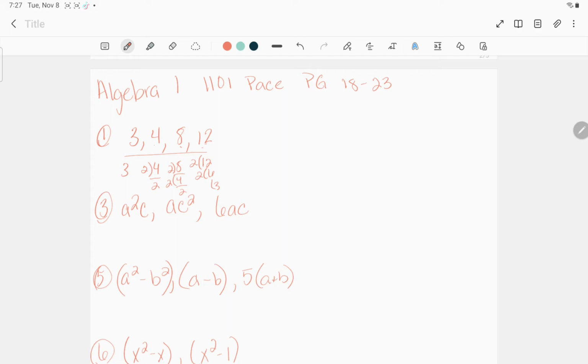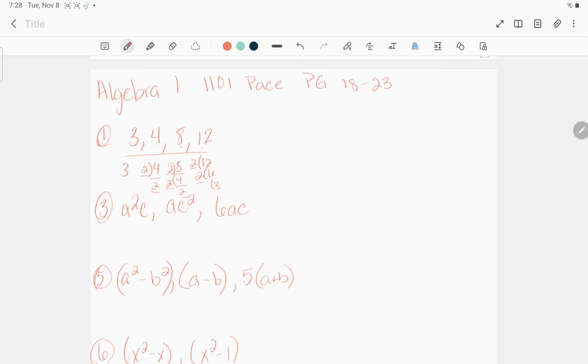All right, so step 2, after I found my prime factors of each number, is to list each prime factor the maximum number of times it occurs as a factor in one term, okay? So we have that 2 shows up 2 times here, 3 times here, and it shows up 2 times here.